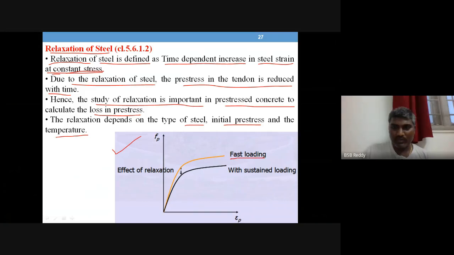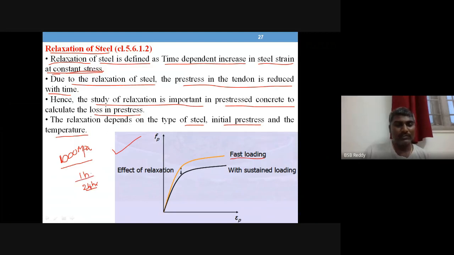When you load it very fast, say for example, you are applying some 1000 megapascal stress in the steel, this 1000 megapascal is achieved maybe within a span of 1 hour, or this 1000 megapascal is applied over a span of 24 hours.